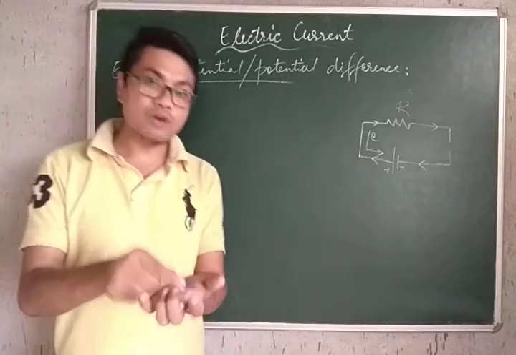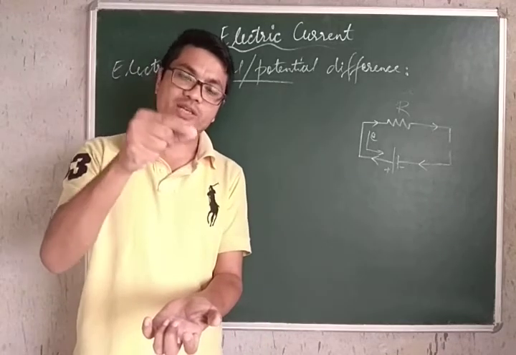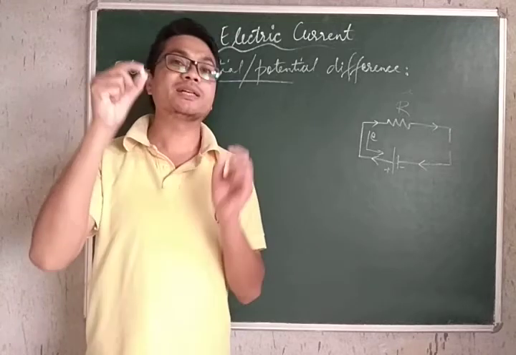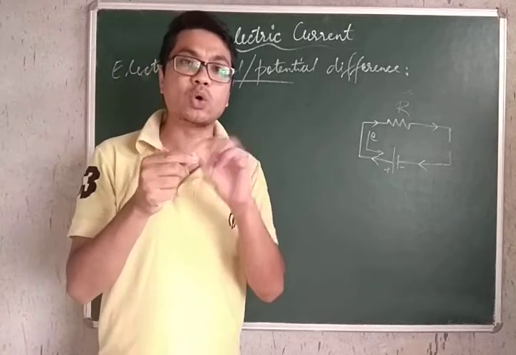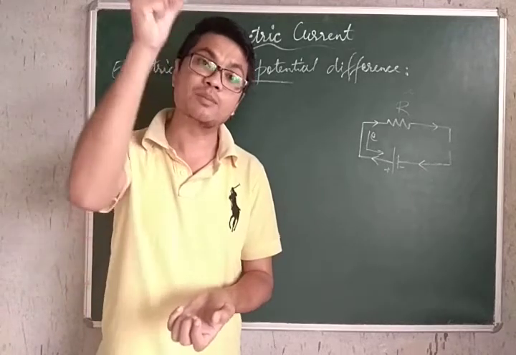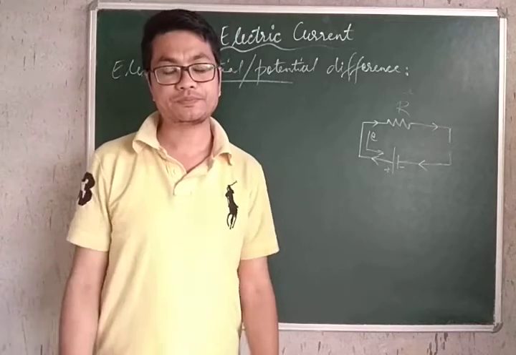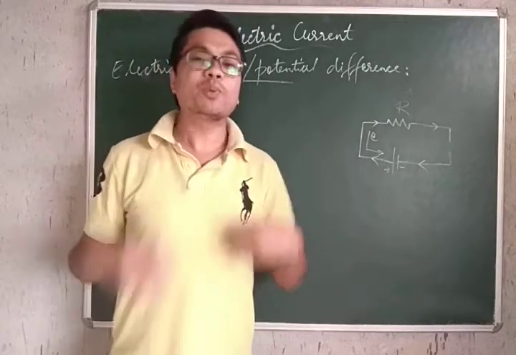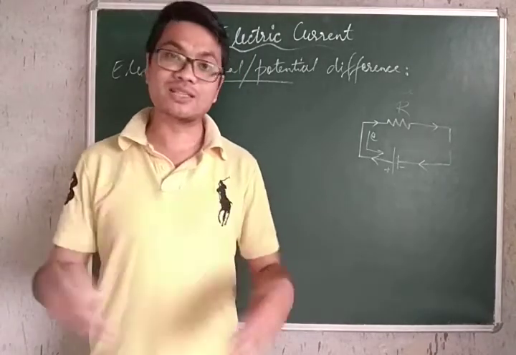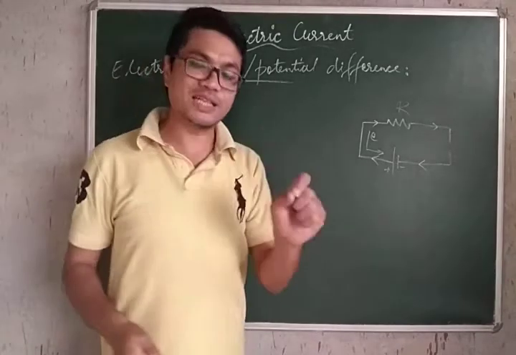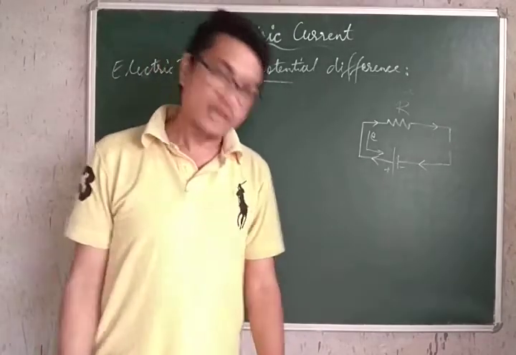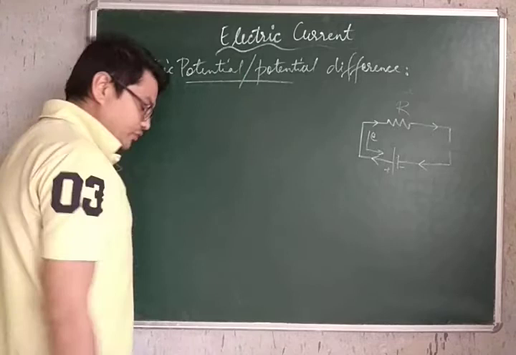Now whatever work I do to lift this body up, the same amount of work is stored in this body as potential energy. So the word potential basically means work done. And what is potential difference?